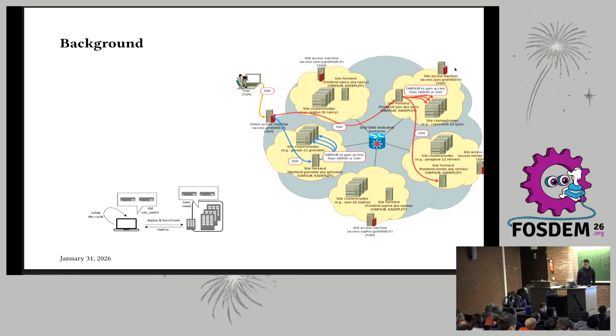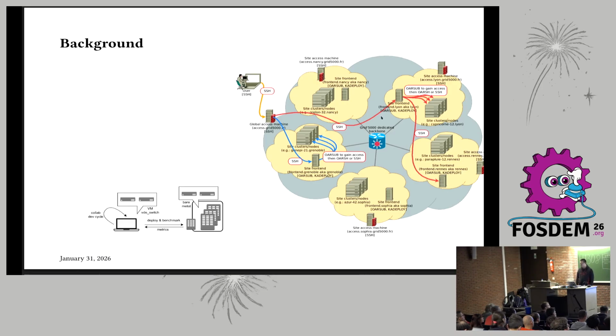And on the flow here, this graph I showed a little bit earlier, you can take this part and just swap it with there. So users SSH over an access node, an SSH jump host, and then you can interact with the backbone network and then the site-specific front end.